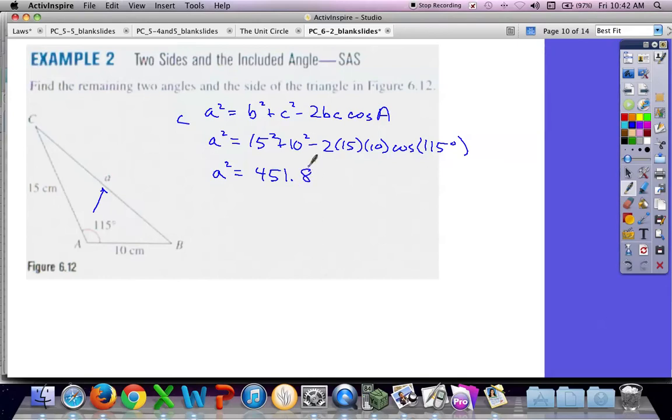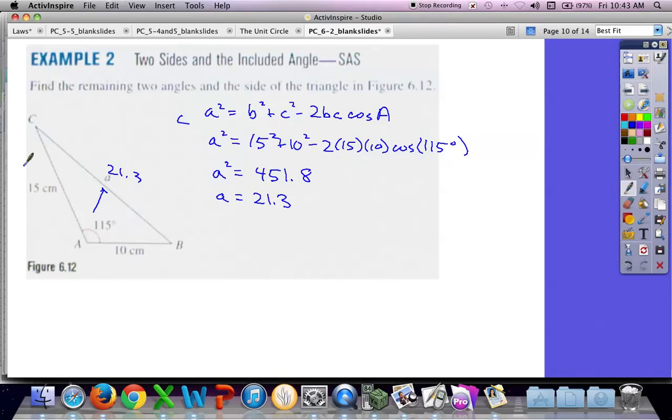And if that number looks ridiculously large, it's because you got to take the square root, right? We didn't solve for a yet. We got to take the square root. 21.3. Right, so that's the side, 21.3.